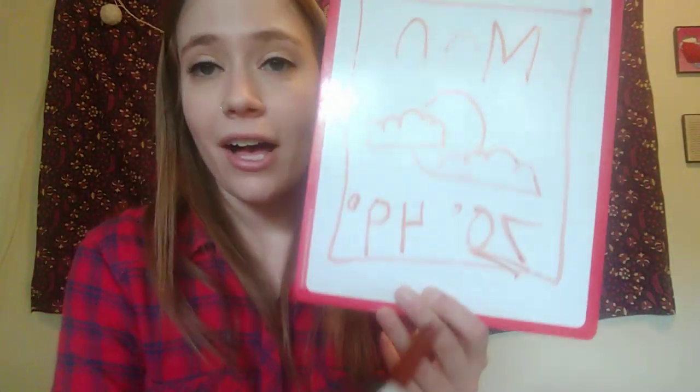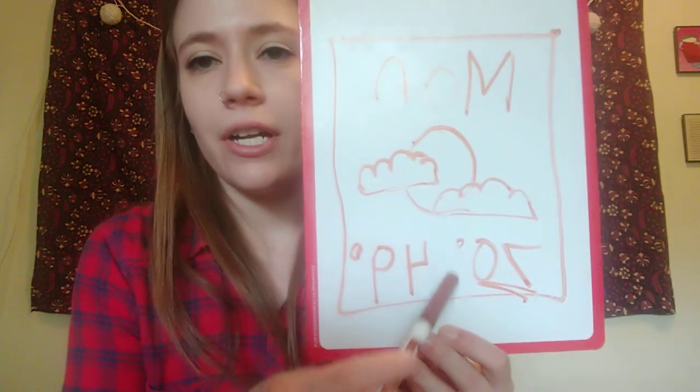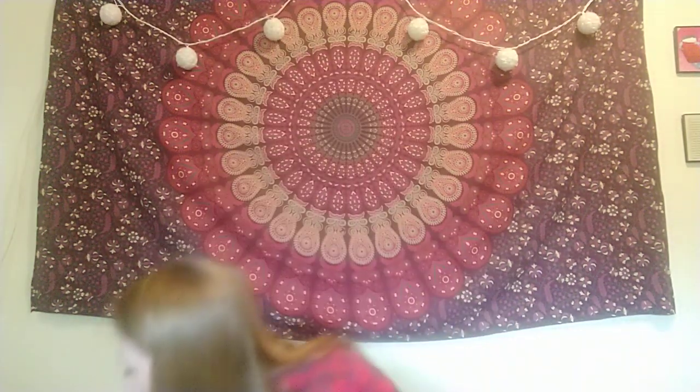All right, so if 70 degrees is our highest temperature of the day, this must mean that 49 degrees Fahrenheit is our lowest temperature of the day. So let's check out where that falls.